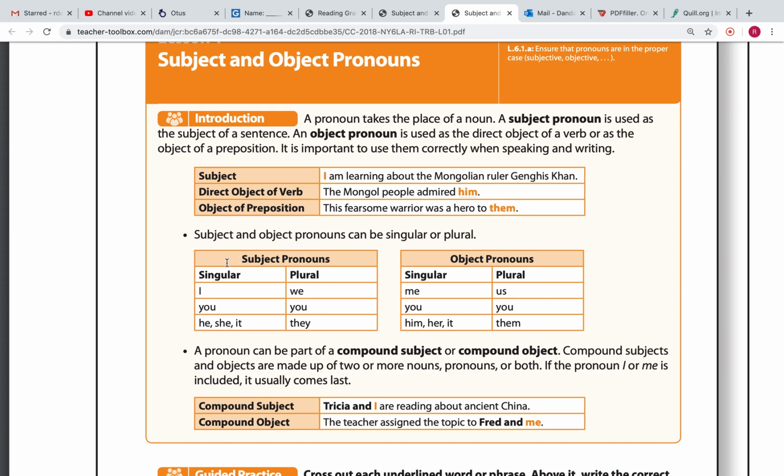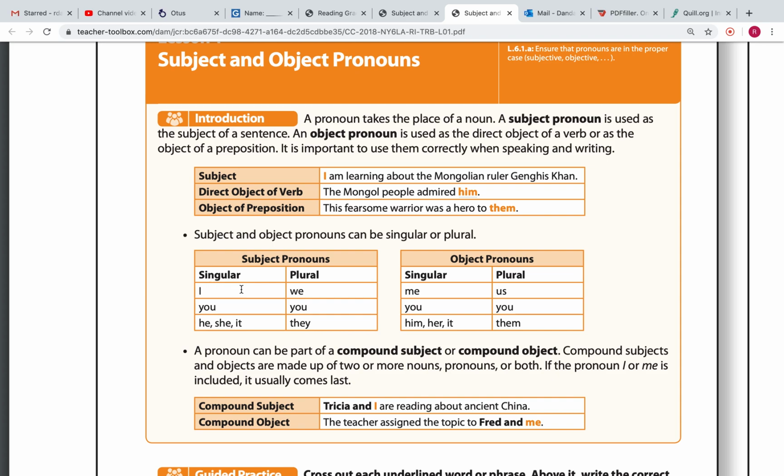So subject and object pronouns can be singular or plural. So let's look at a list of singular subject pronouns. I, you, he, she, or it. The plural subject pronouns are we, you, and they, right? So notice how you is used for both singular and plural, right? Everything else, right?